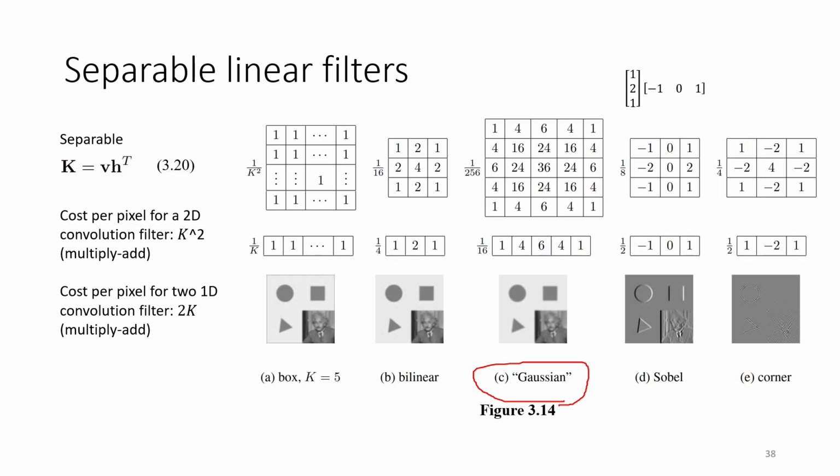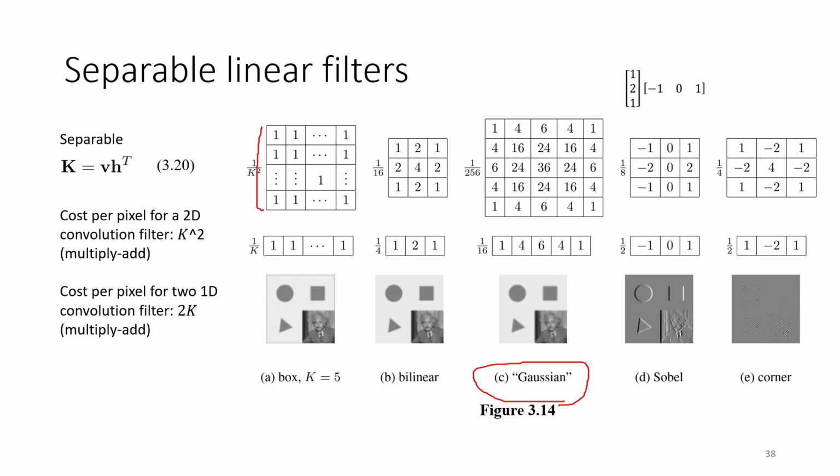So why do we need to care about whether they are separable or not? The reason is, if we want to apply a linear filter in a two-dimensional space, how many multiplications and summations do we need? Suppose the dimension of the kernel is k.